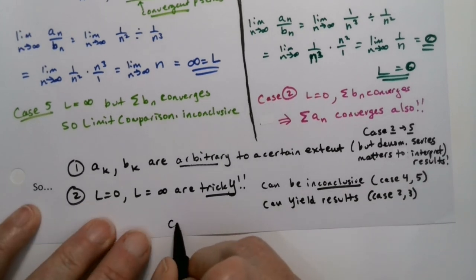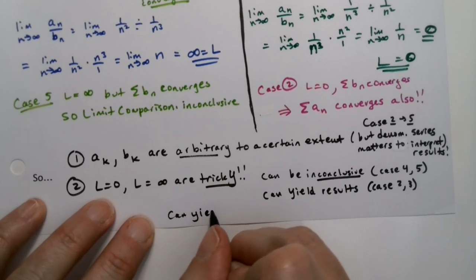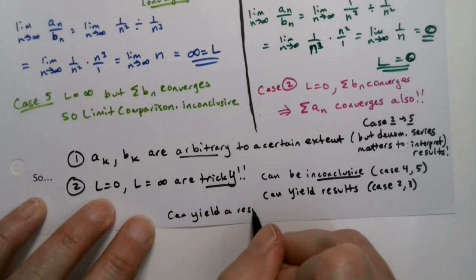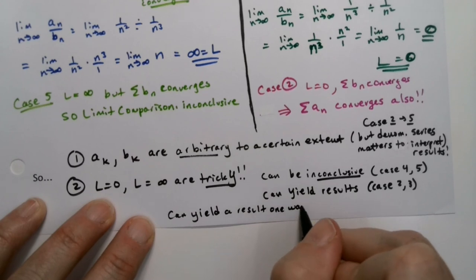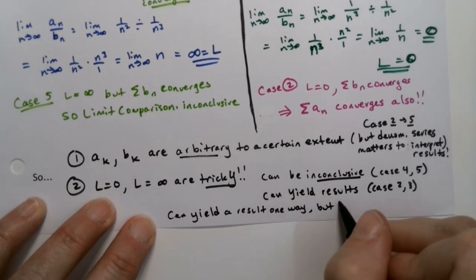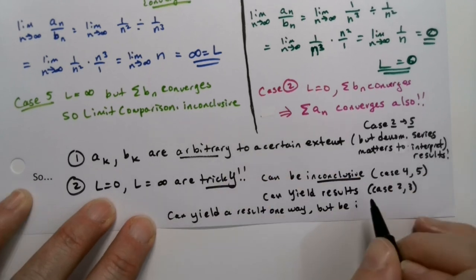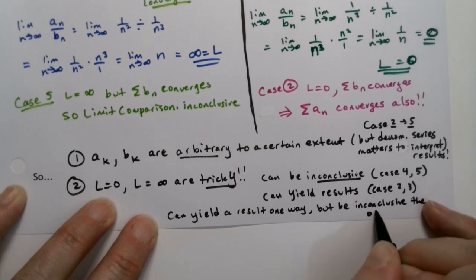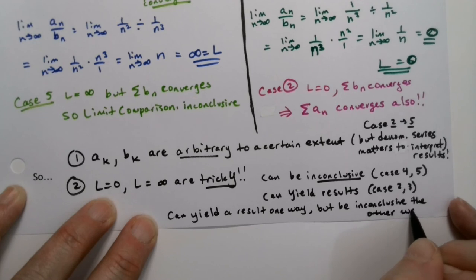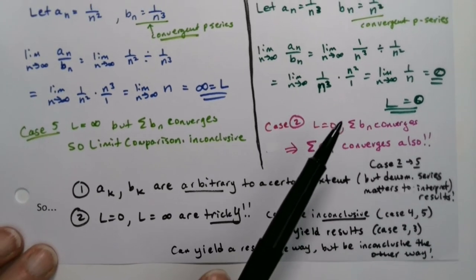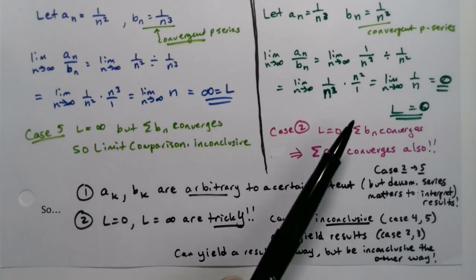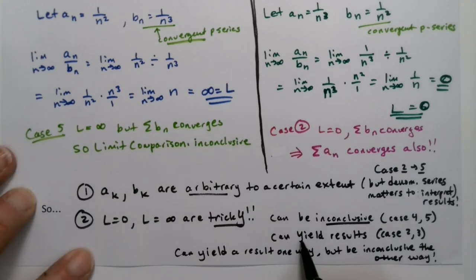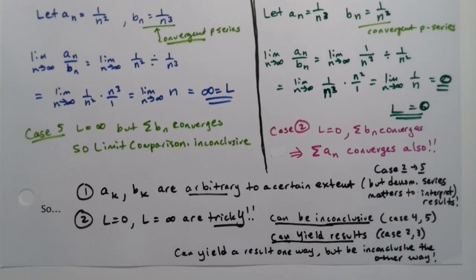And they can yield a result one way, but be inconclusive the other way, which is what happened to us on this one. And in this last example, it was inconclusive on this side, but yielded a result on this side. So it can yield results, it can be inconclusive, or it could be a combination, depending on which one you chose to be the denominator and which one you chose to be the numerator.